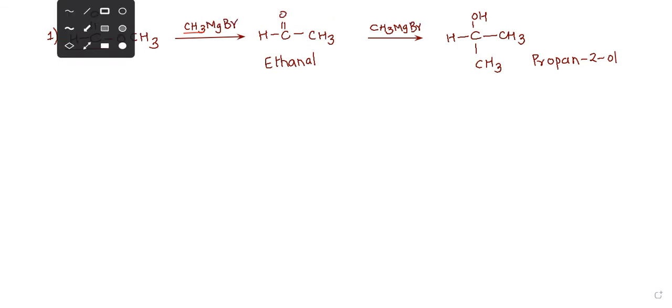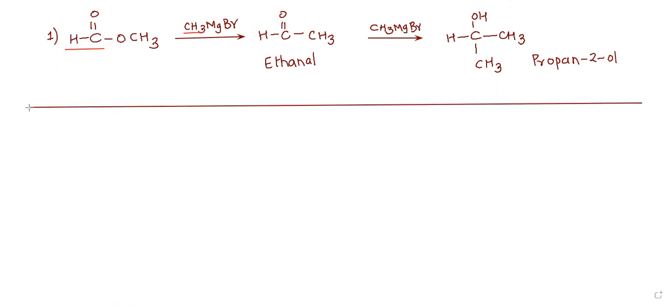Sir, don't we have to react it with water and acid? That is all understood when I do this. Whenever you are doing this reaction, it actually happens like this: first this, then H2O, water. Sir, in the first step, what does H2O do? What does it connect with? See, whenever you treat a Grignard reagent, first you get the magnesium complex.